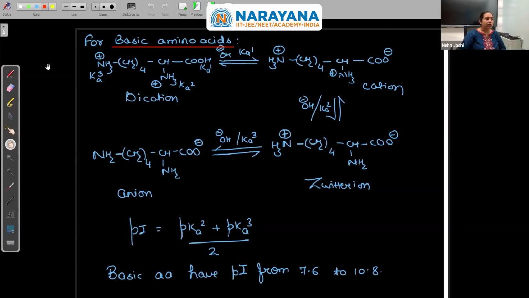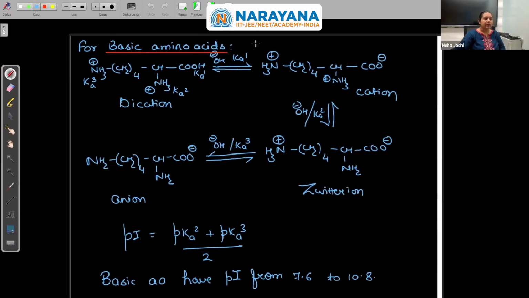This time my example is lysine. So CH2 4 times NH3 plus. Fine. Now first K1, if I introduce OH minus, of course, the acid will go first. Gone. Next, remember the alpha NH3 plus is the more acidic center than this distant one. So this is gone.